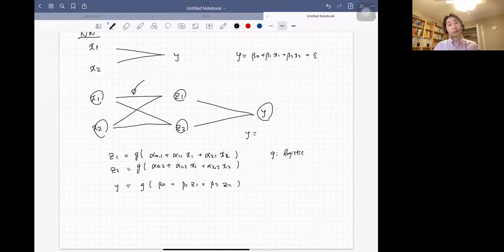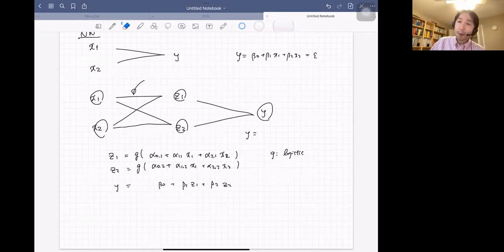Sorry, for the last one, sometimes we don't have g. If we consider this, y is a very complicated function of x1 and x2, so we can express a more complicated relationship between z and x1 and x2.